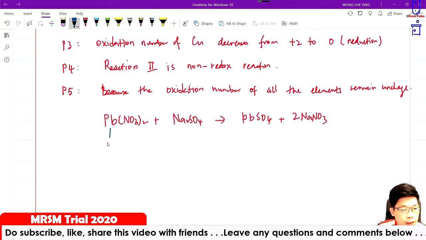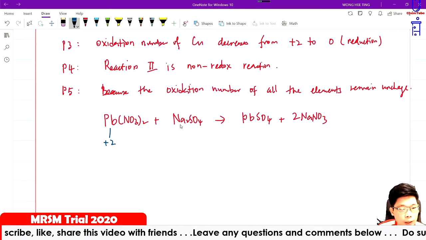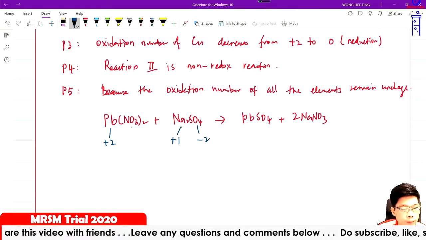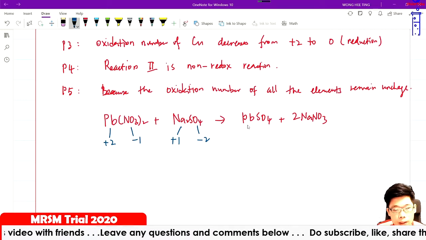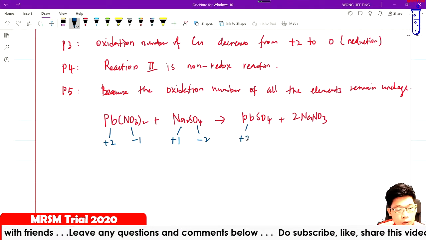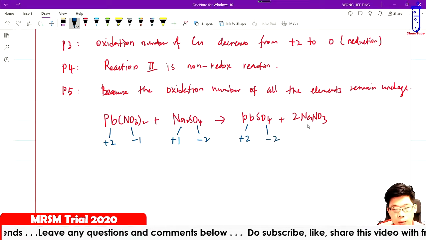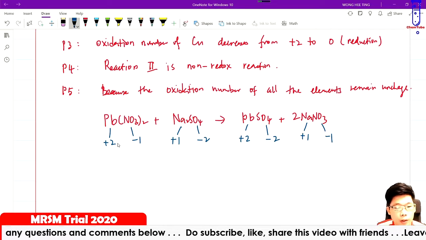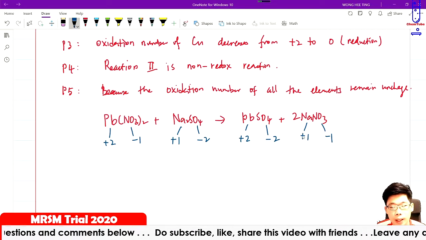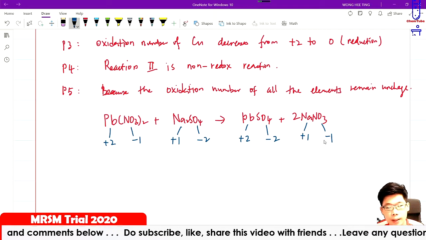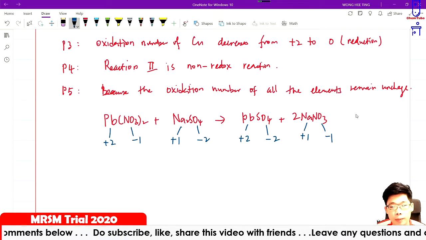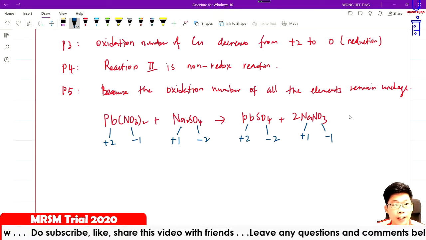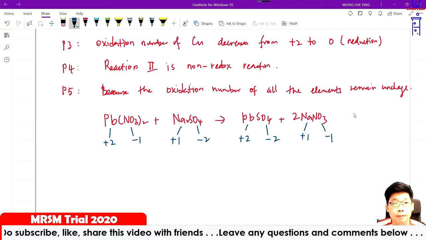Lead is +2, sulfate -2, sodium +1, nitrate -1. On the product side, lead is also +2, sulfate -2, +1, -1. So you can see the oxidation number of all the elements remains the same. So precipitation reaction is a non-redox reaction, and the same goes for neutralization, also a non-redox reaction.